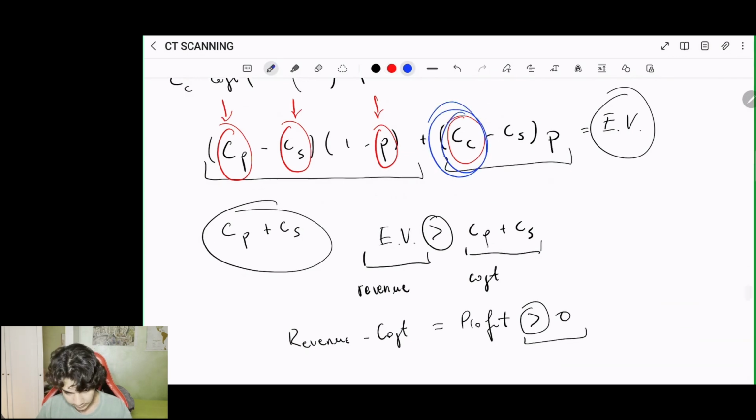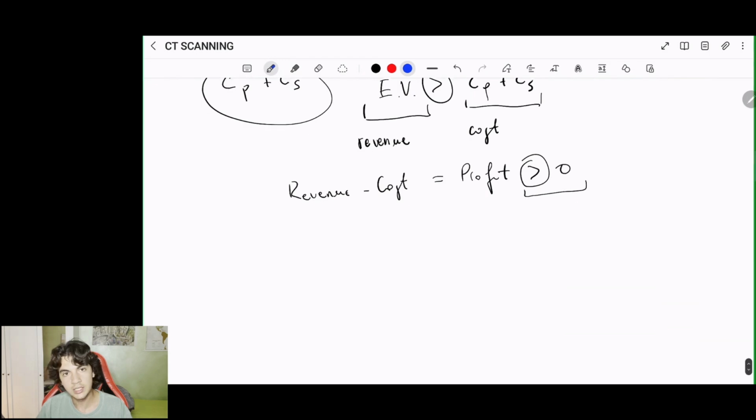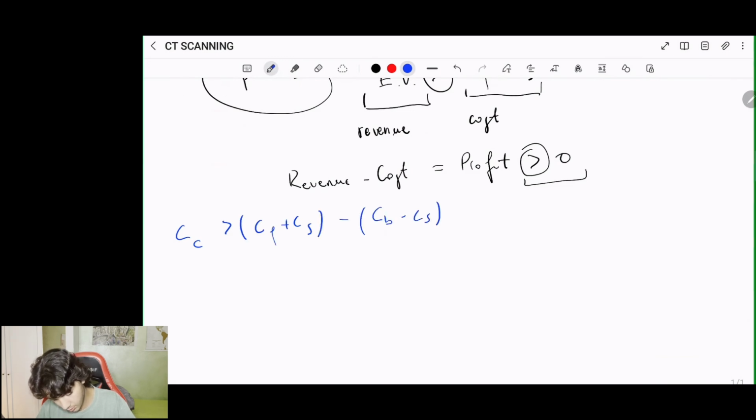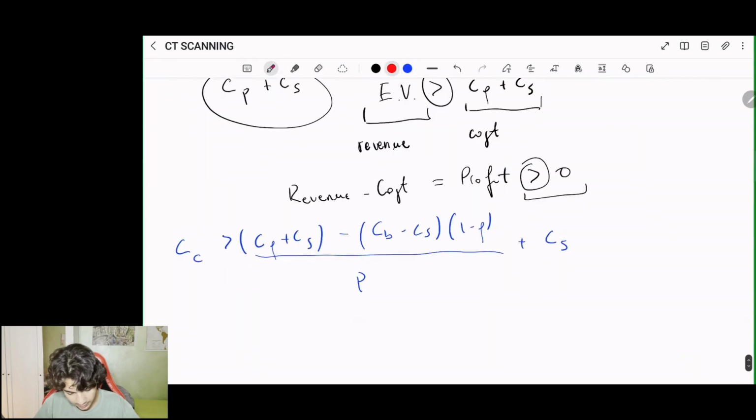So, long story short, when does it make sense to scan a sealed product? It only makes sense when the cost of the chase card is greater than this quantity minus this quantity, which we're going to go over, over P, plus the cost of scanning. This quantity right here, let me create another page.